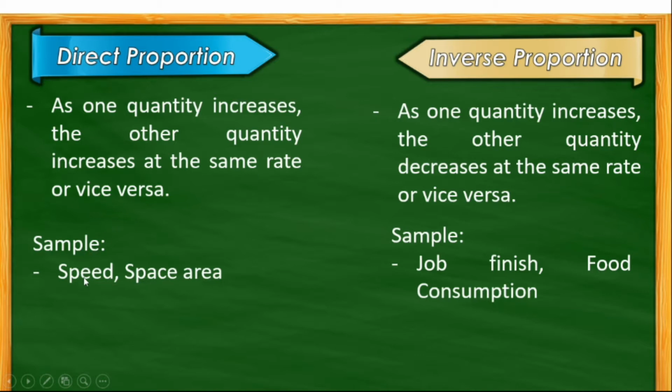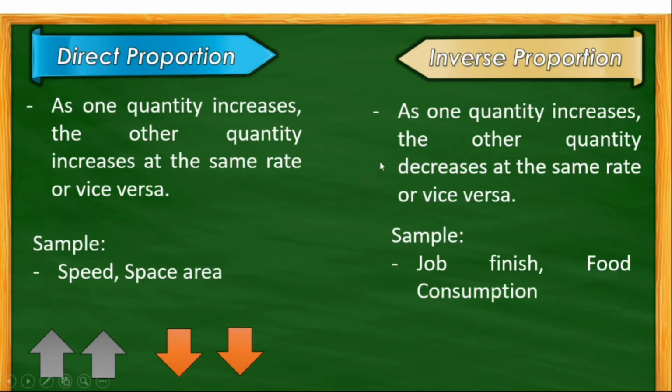The examples are speed and space, area, or volume. So if the first quantity increases, the second quantity also increases. This will be a direct proportion. And also, if the first quantity decreases, the second quantity also decreases.